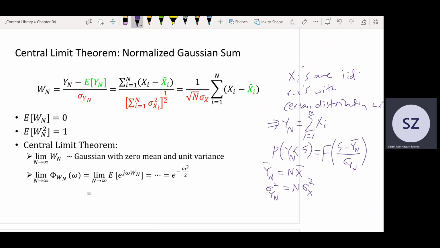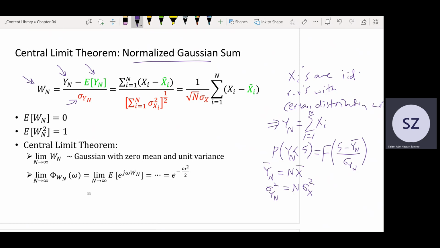Any problem like this, you need to be able to find it. Here, what we defined is the normalized Gaussian sum, where you take yn, subtract the average of yn, and divide by the standard deviation of yn.